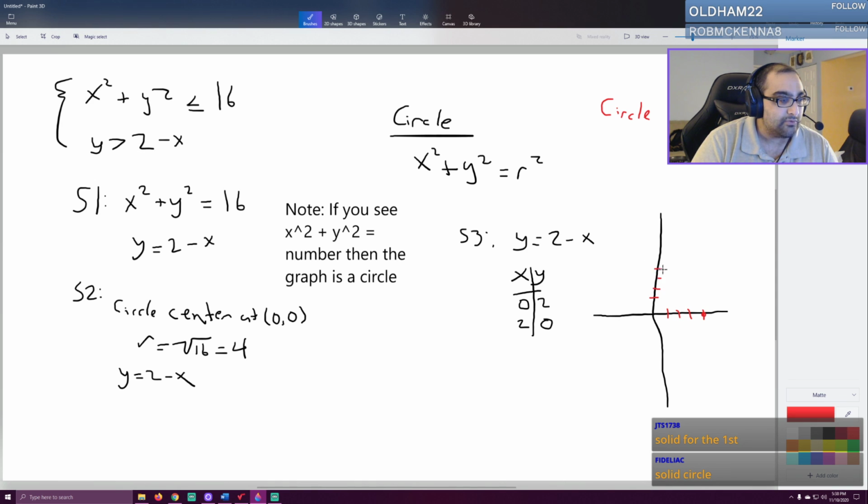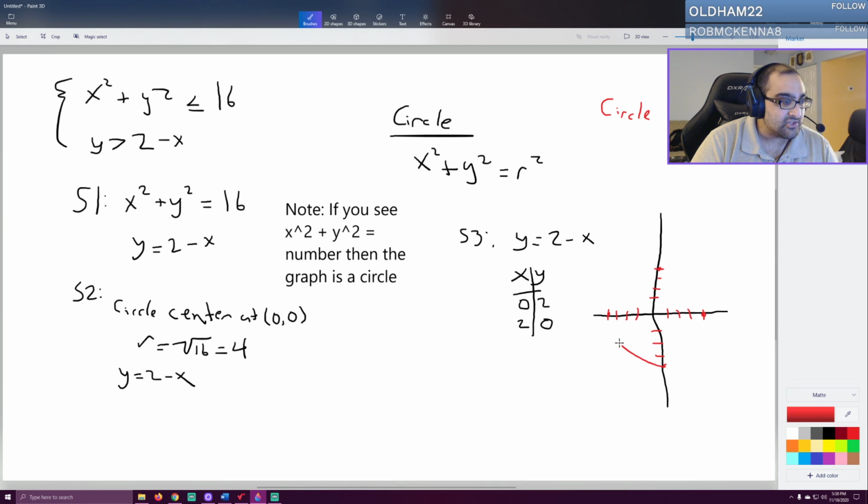Moving up 4 units, 1, 2, 3, 4, then to the other side, 1, 2, 3, 4, and finally down 4 units. Then we can put this together as a solid circle. My art skills are second to terrible, so if it doesn't look great, sorry. But there's our solid circle.